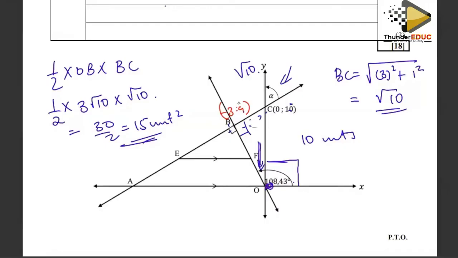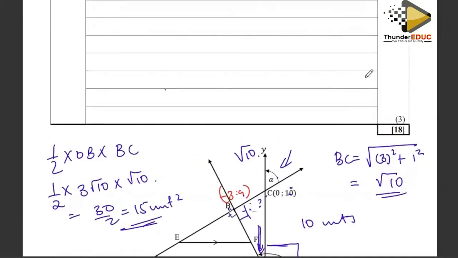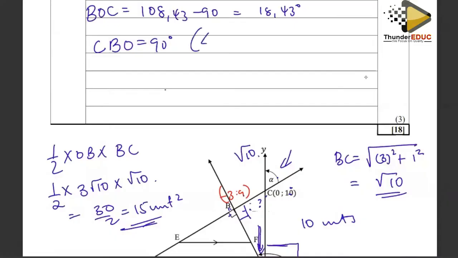Then we can find this angle here, which should be vertically opposite. We shall start with BOC. BOC is going to be 108,43 minus 90, which gives me 18,43 degrees.